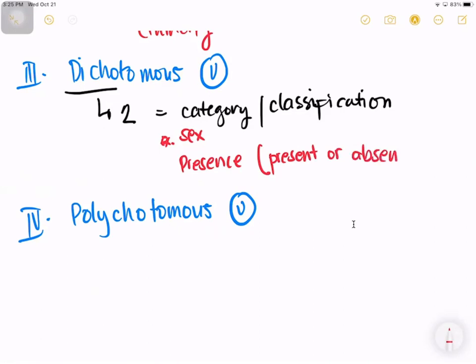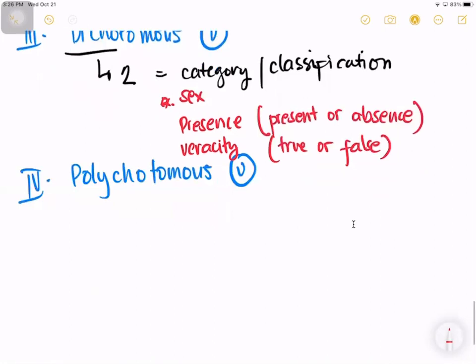You cannot say you're physically present but mentally absent. Even though you're not listening to your teacher, you're still present, okay? Then we also have veracity, like true or false. So there's no middle ground, okay? Tandaan, if we say dichotomous, only two categories.